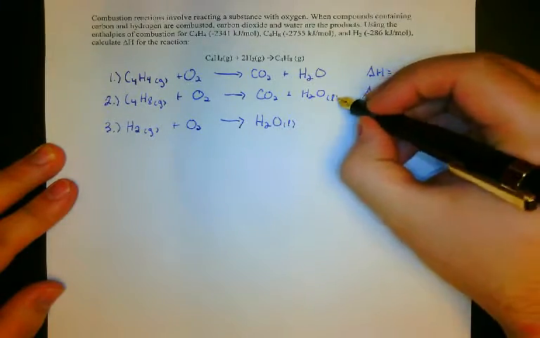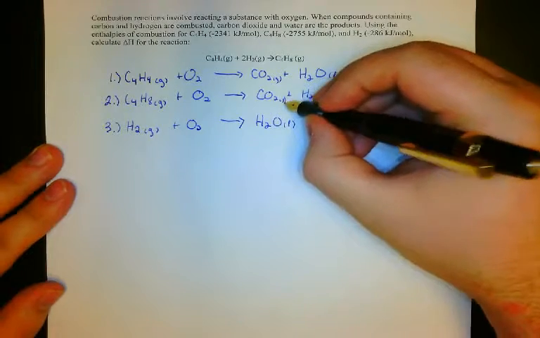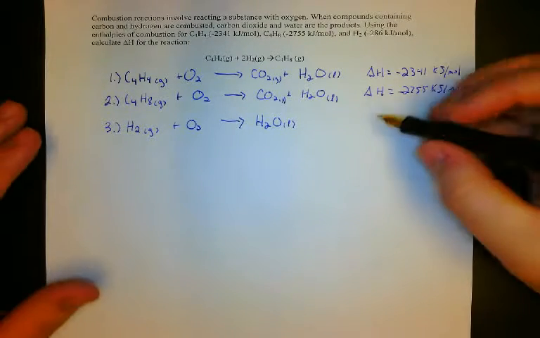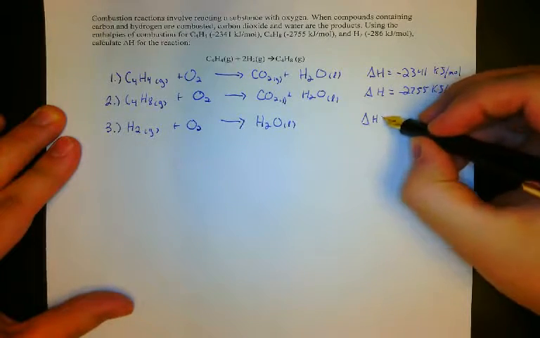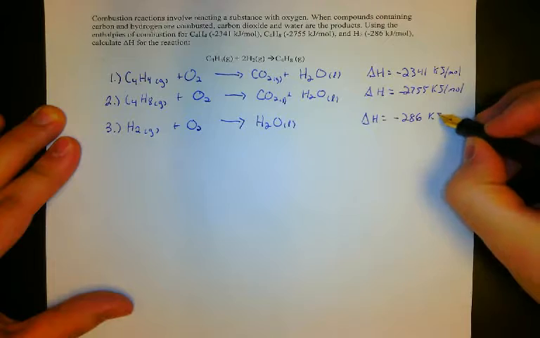So I should change these to be liquid and change these to be gas. Are we good so far? And my change in enthalpy, it told me of that one, is negative 286 kilojoules per mole.